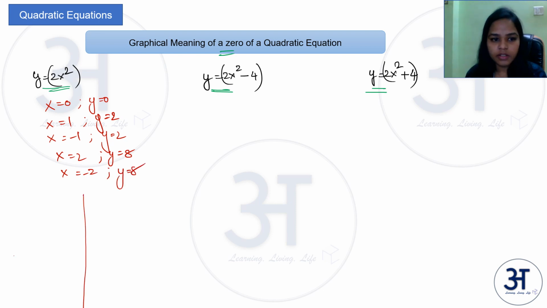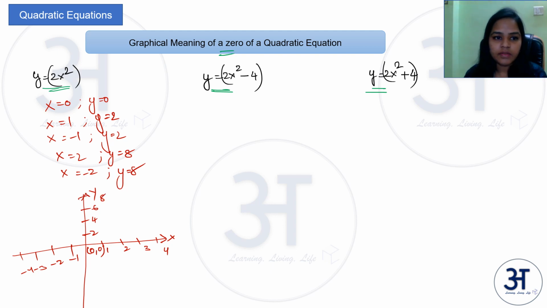So let us draw this here, x and y. This is 0, 0. So this is 1, 2, 3, 4, -1, -2, -3, -4, and I will take in the steps of 2: 2, 4, 6, 8. This is enough. There's no negative y.